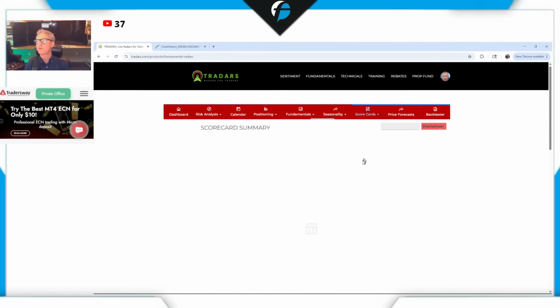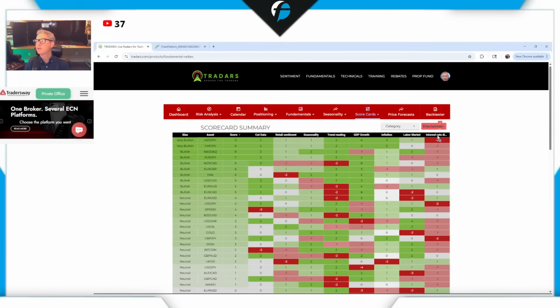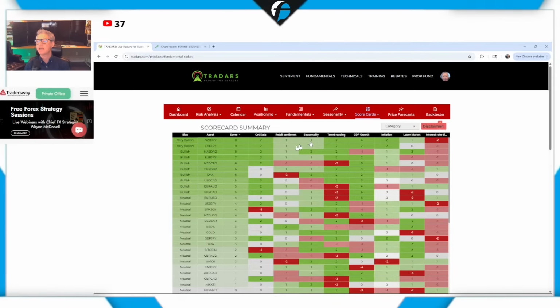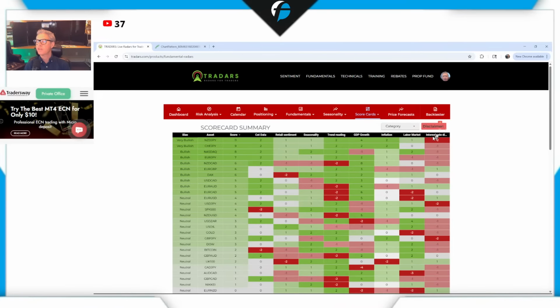So we get our scores and we look at interest rates and jobs and inflation and GDP and the technical charts and seasonality and retail positioning and institutional positioning, and we create scores. But to do that, we have to do that analysis for New Zealand, and then we have to do it all over again for Japan, and then do comparative analysis.